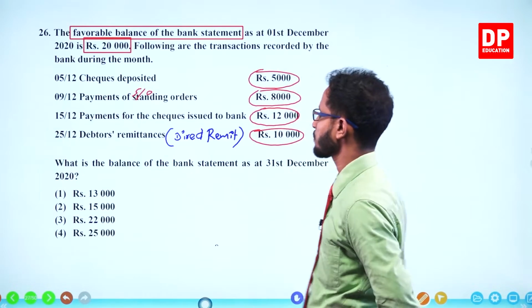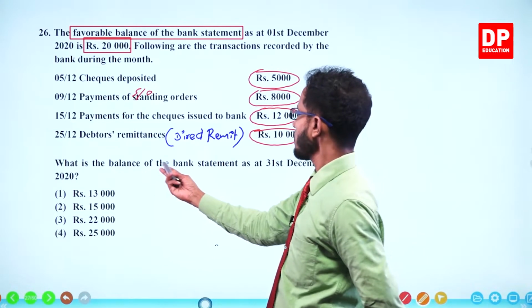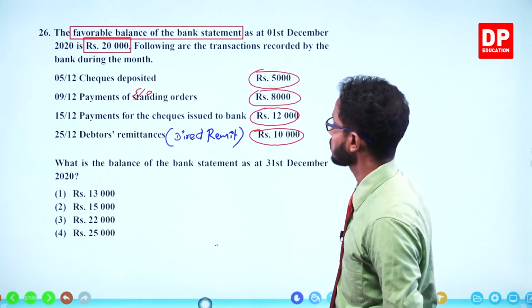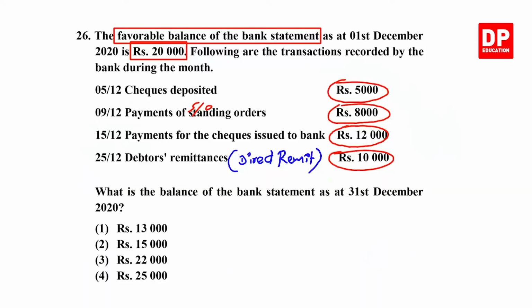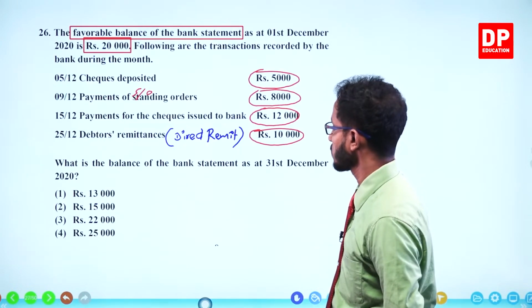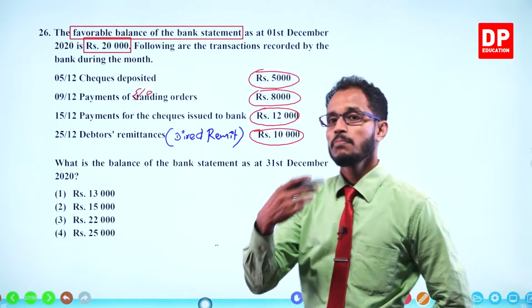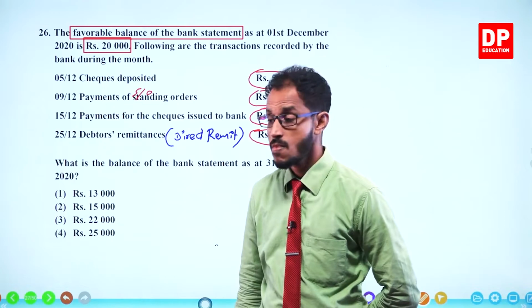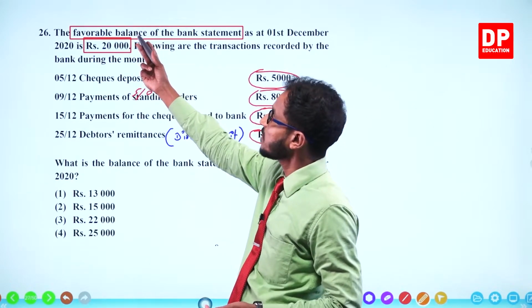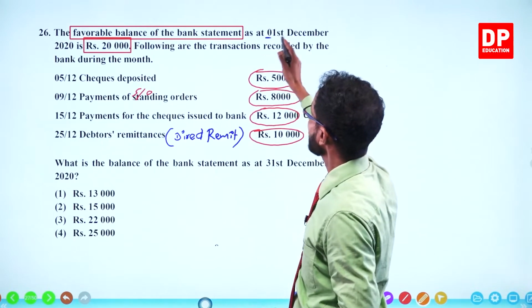What is the balance of the bank statement as at 31st December? The same bank statement balance they are asking. What you should do is take the favorable balance of the bank statement at the beginning.